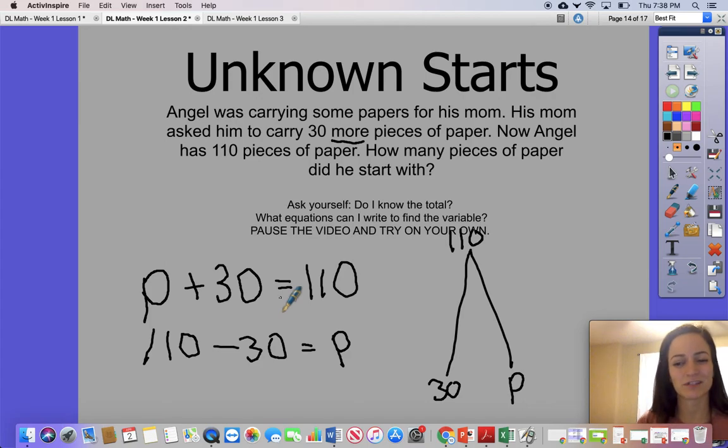I'm going to count backwards from 110 by tens till I get 30. Okay, 110, 100, 90, 80. Okay, so I know my answer is 80. He started with 80 pieces of paper. His mom gave him 30 more. So I can put 80 right here. And he ended up with 110 pieces of paper.